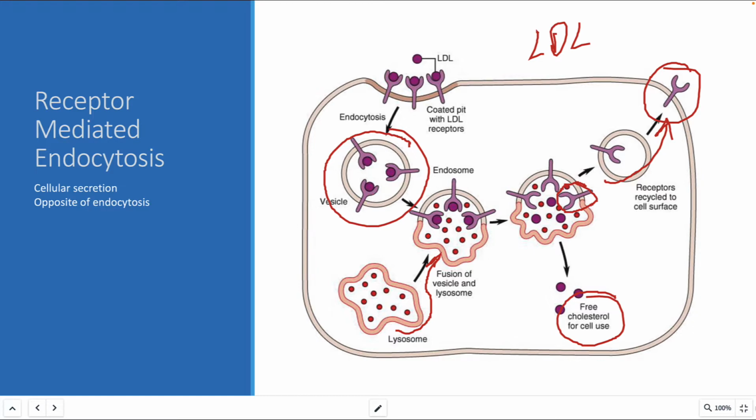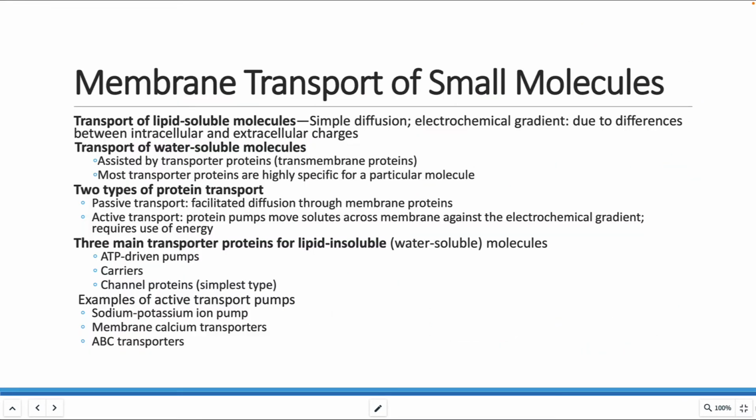All right, that's receptor-mediated endocytosis. So again, in this case, it gets the LDL particle, brings it in through that endocytotic function, liberates the free cholesterol from it, and then repurposes this receptor back to the cell surface so that it can grab more LDL particles.